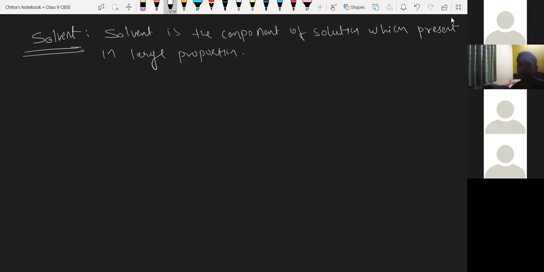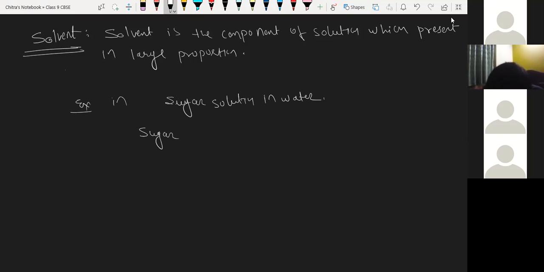Or we can say the component of solution which is present in large proportion is called solvent. Okay, now we are going to take an example. In a sugar solution, or in water, sugar is present in small proportion.